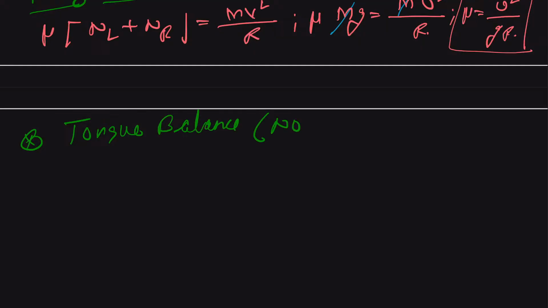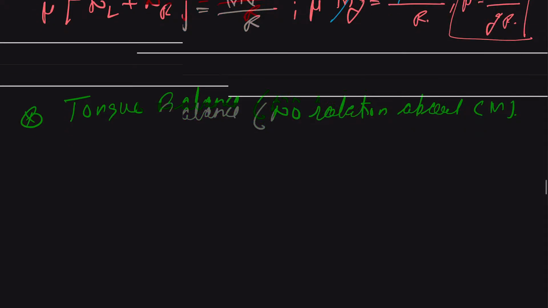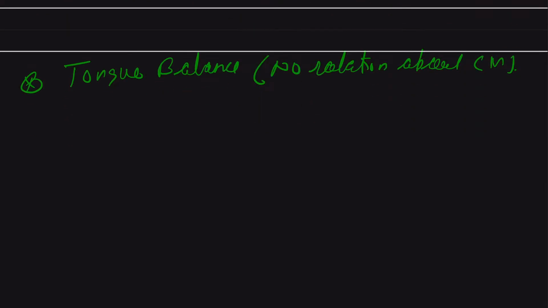As there is no rotation about the center of mass, there are a total of 4 forces: N normal left, right, frictional left, right, and there is mg.